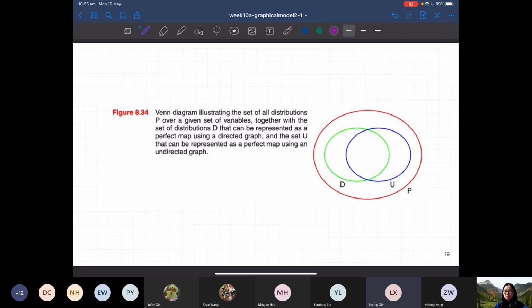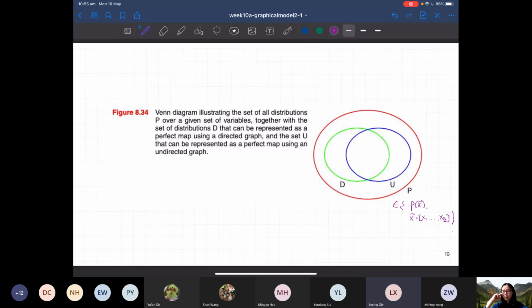If we have a set of distributions P, basically P of X as a vector, with X vector equals X1 through some fixed dimension D, this is for all joint distributions of D variables.